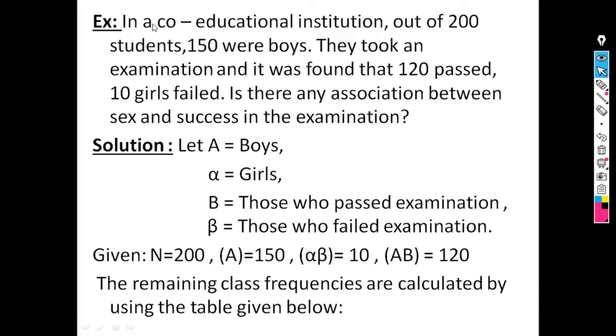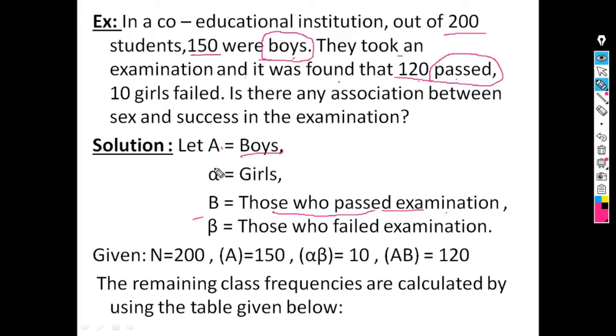There are 200 students, 150 were boys, so the first attribute is boys. They took an examination and it was found that 120 passed, so the second attribute is pass. So our A is boys and B is those who passed in the examination.